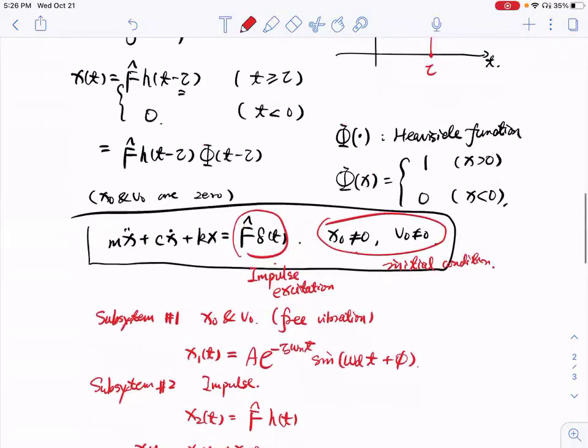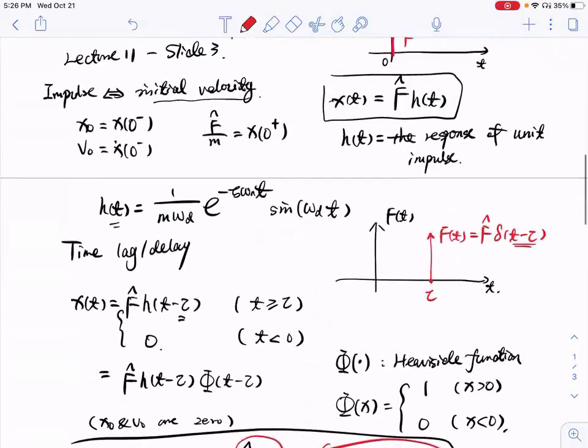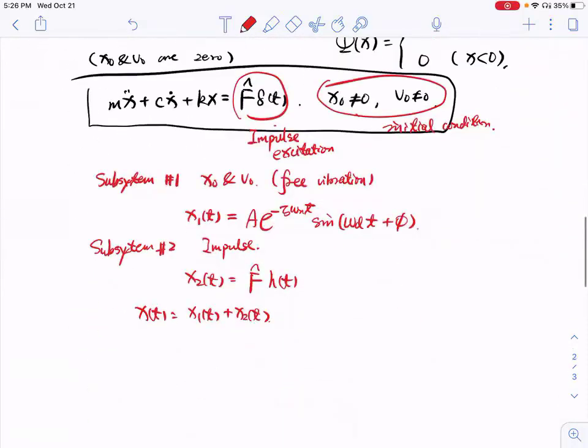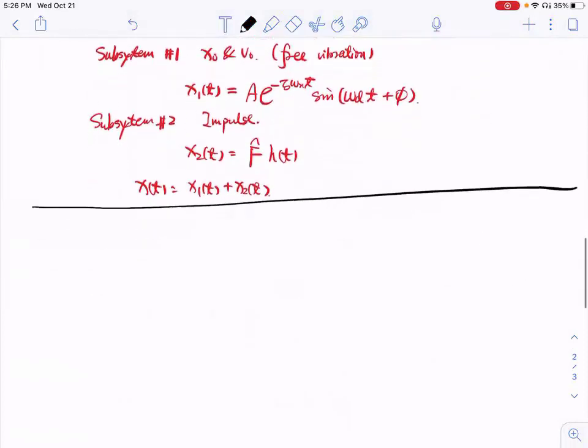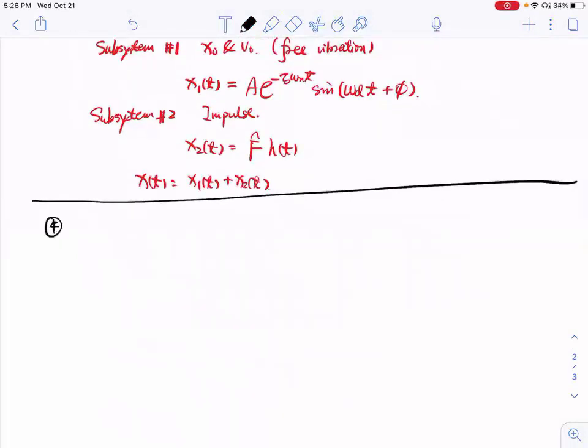So we already reviewed 3 different types of forced excitation. The 4th excitation, that's something we learned during the class, is actually arbitrary force. That means your F(t) can be anything. It's the most general format.